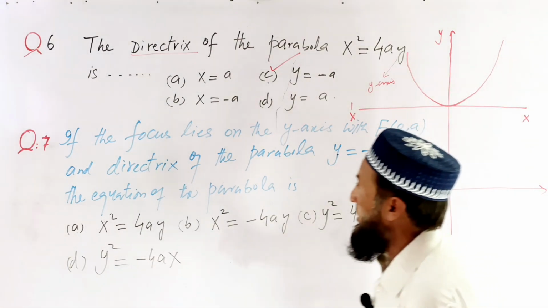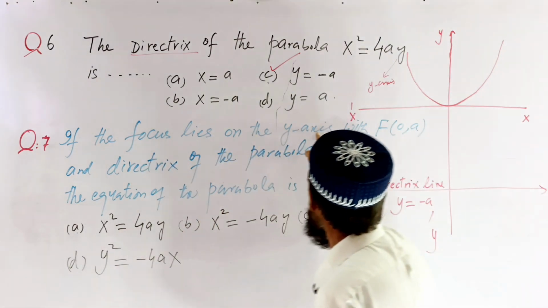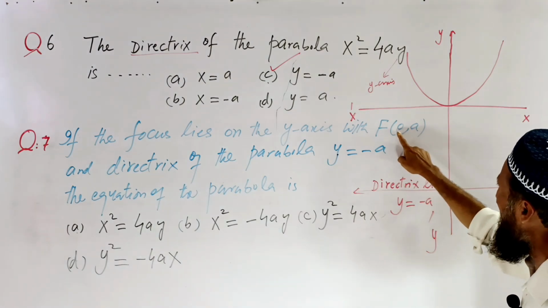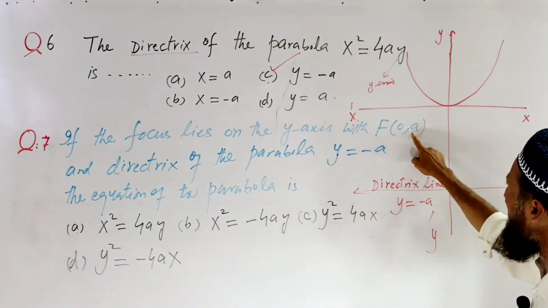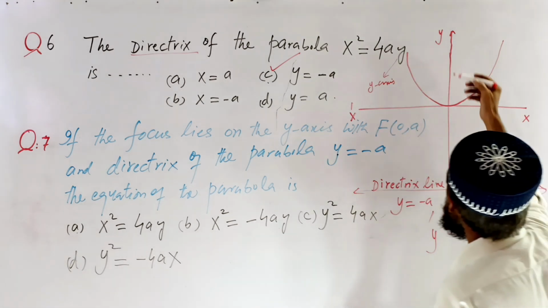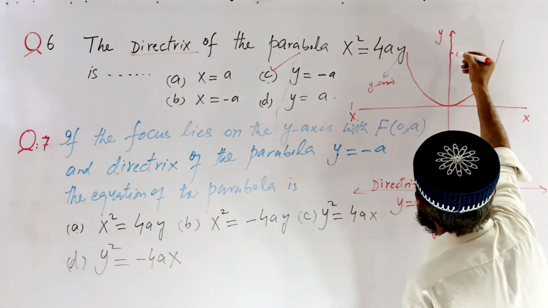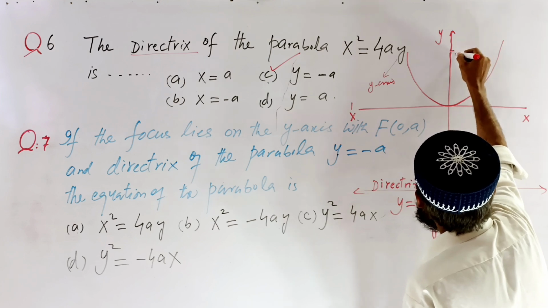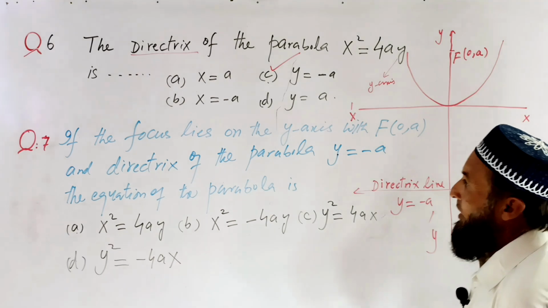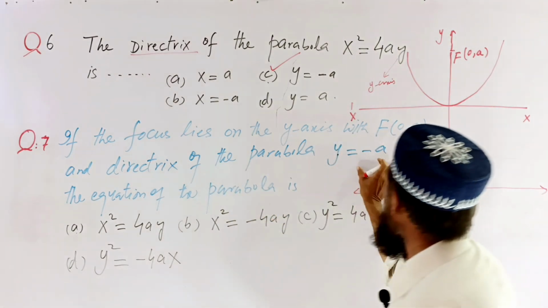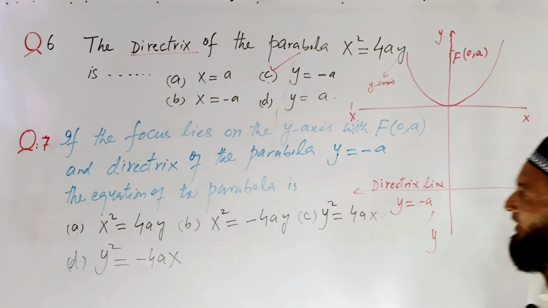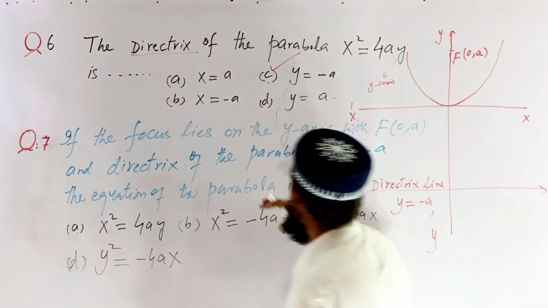And another question: if the focus lies on the y-axis, where x is equal to 0, the focus F is 0, a, and the directrix of the parabola is y is equal to minus a, which is already given. So what is the equation of the parabola?